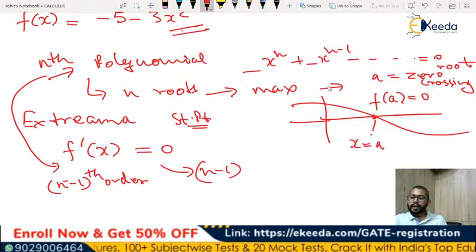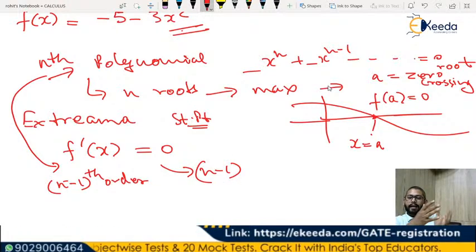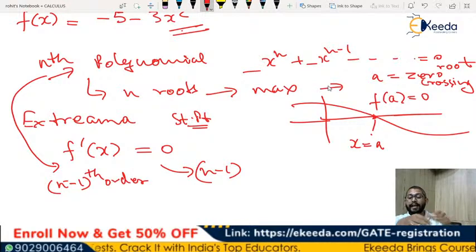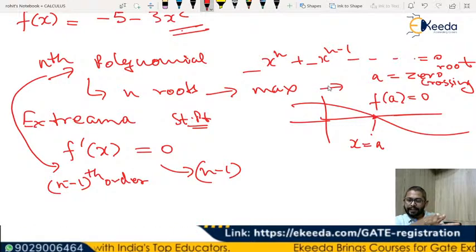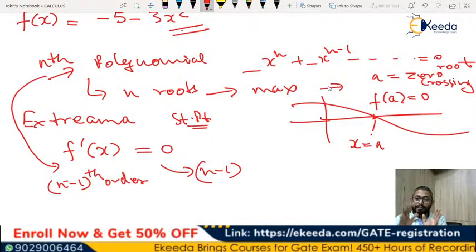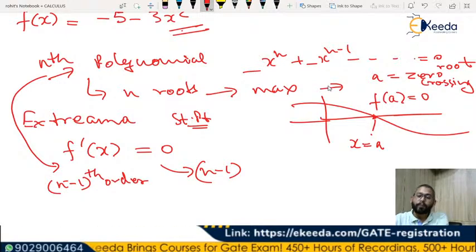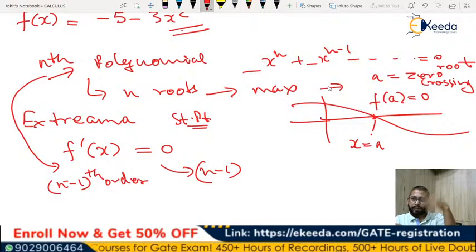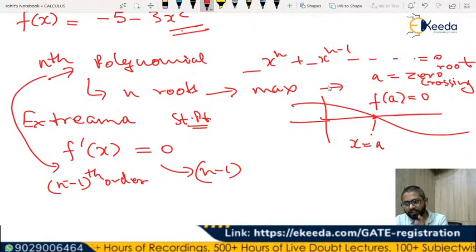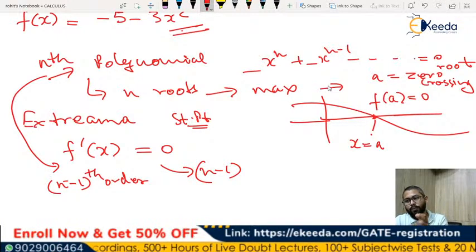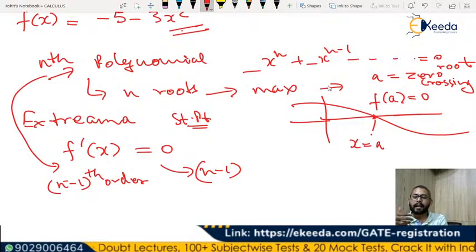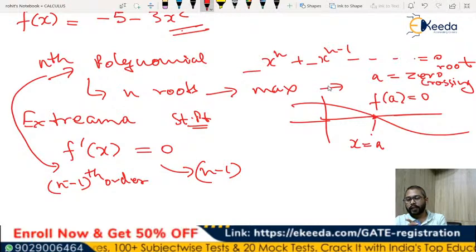That means for an nth order polynomial equation, there is a possibility of having at most n minus 1 maxima or minima, so you can say extrema. That is the maximum possible number of extrema, not the maximum or minimum values of the function. Because again there can be repeated or complex roots.